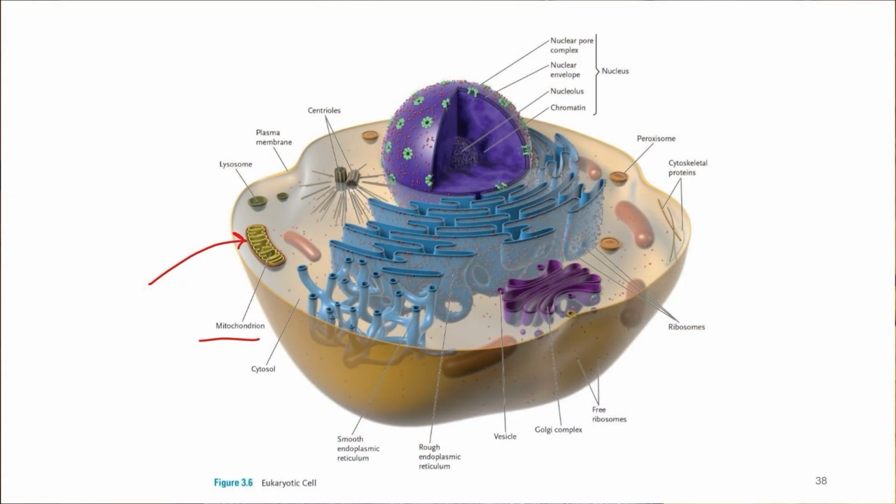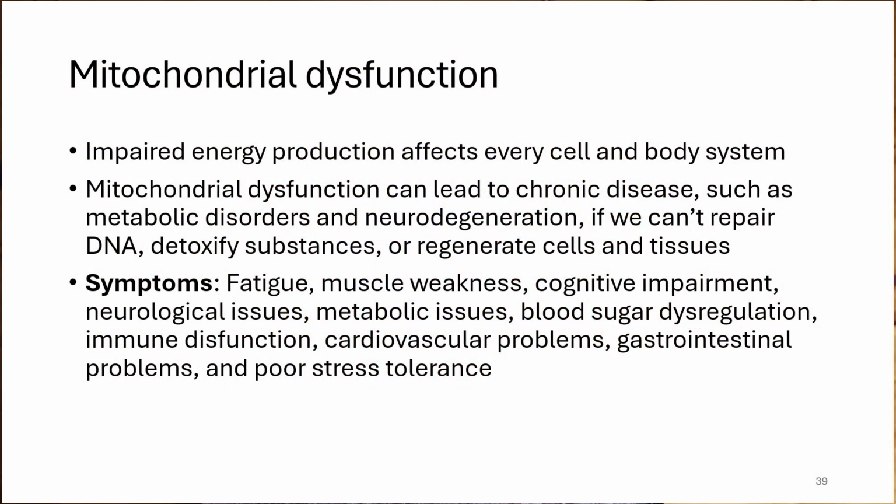Here is a typical, stereotypical image of a cell, and the red arrow is pointing to the mitochondria. And when these mitochondria are not functioning properly, we call that mitochondrial dysfunction. There are lots of symptoms that are associated with mitochondrial dysfunction, particularly metabolic disorders and neurological disorders, but we can also feel things like fatigue and muscle weakness, blood sugar dysregulation.